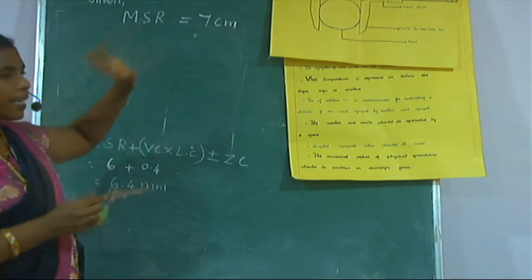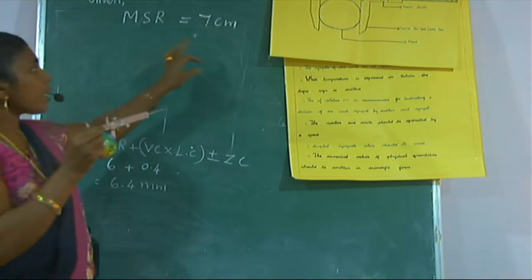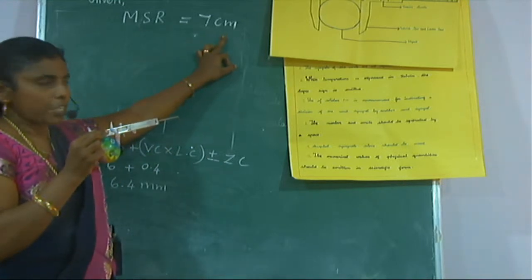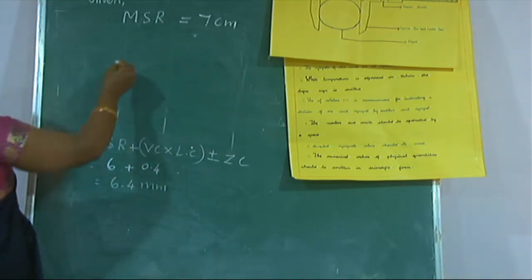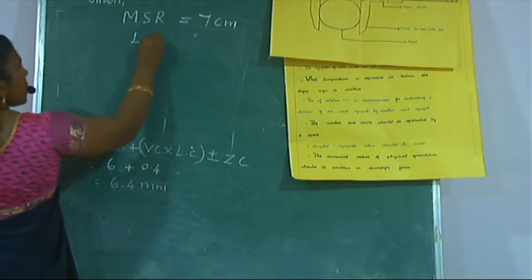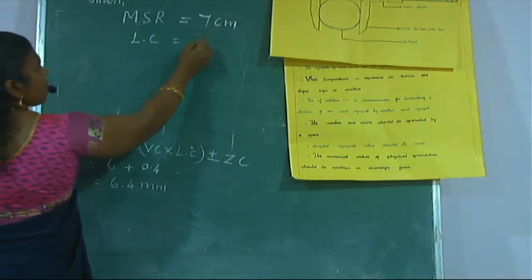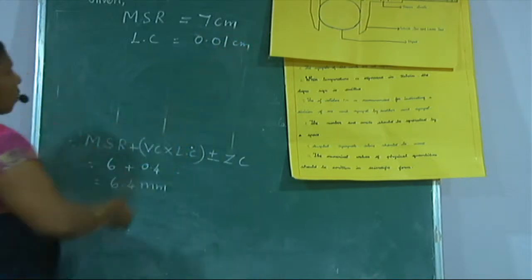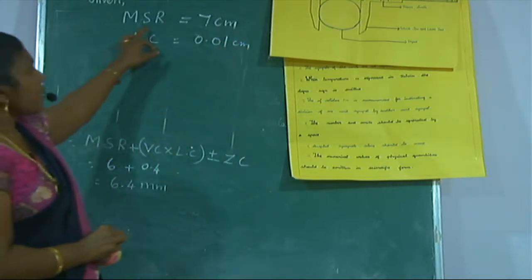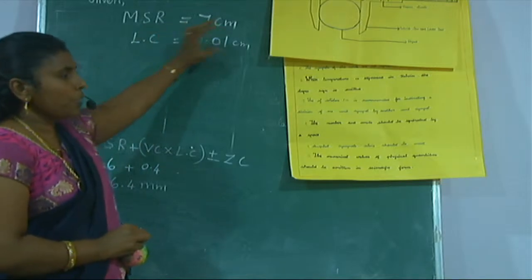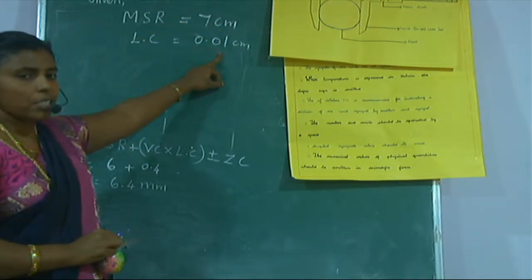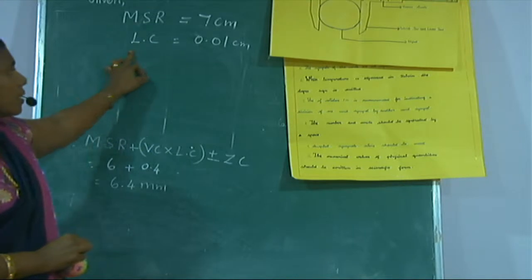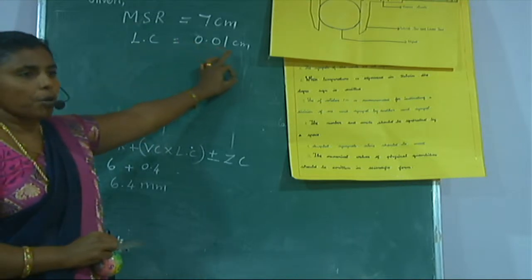The main scale reading is given in centimeter, which means the least count also you have to find in centimeter. So least count equal to 0.01 centimeter.